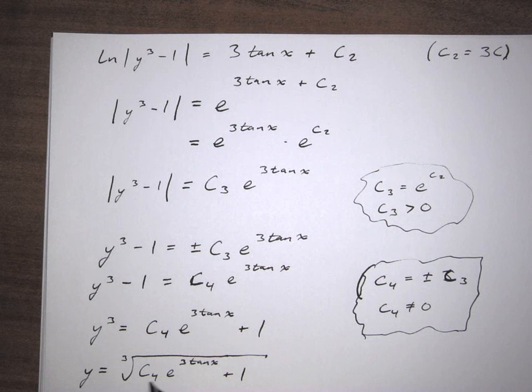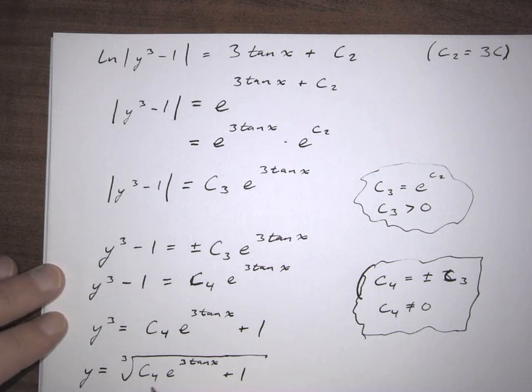We would use either a different letter like D or K or something like that, or an A perhaps, or we could just go back and call it a C again.